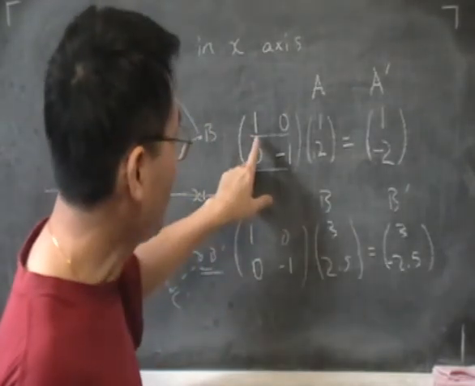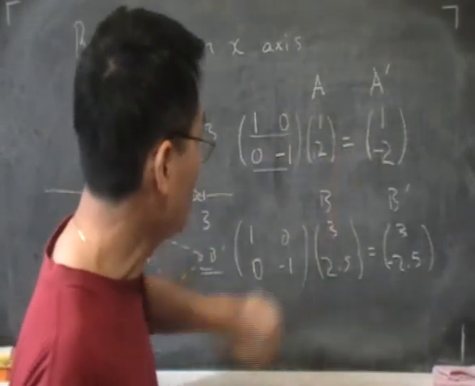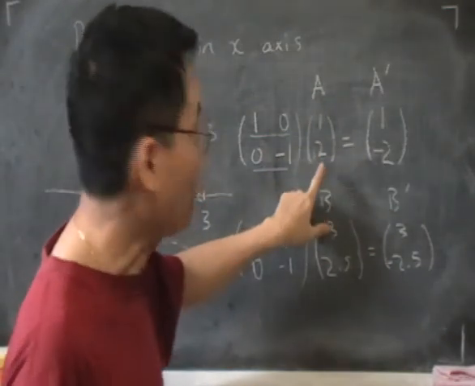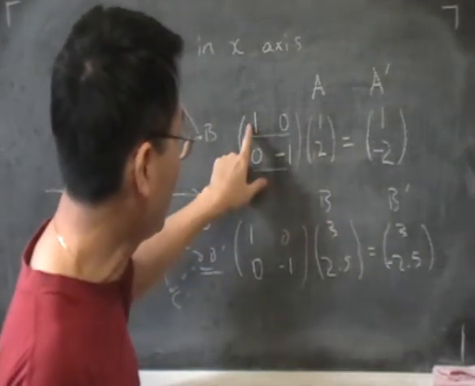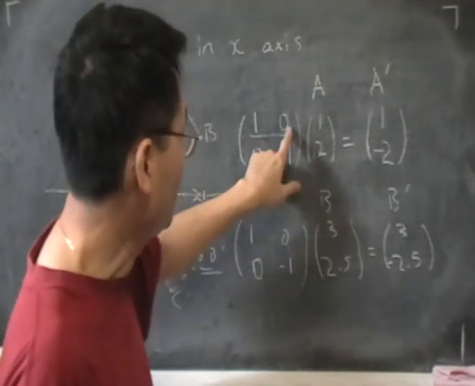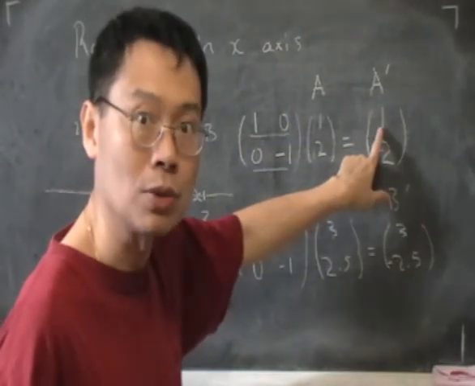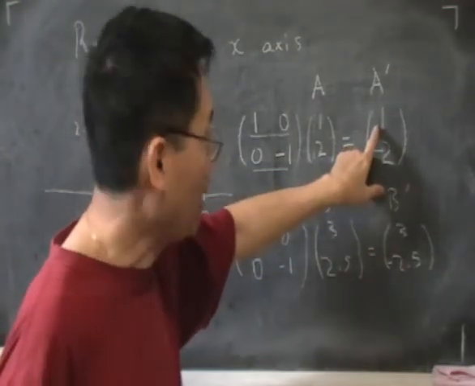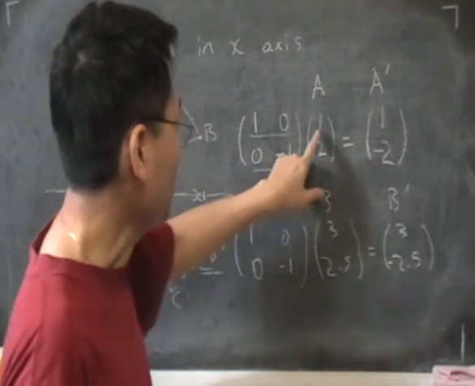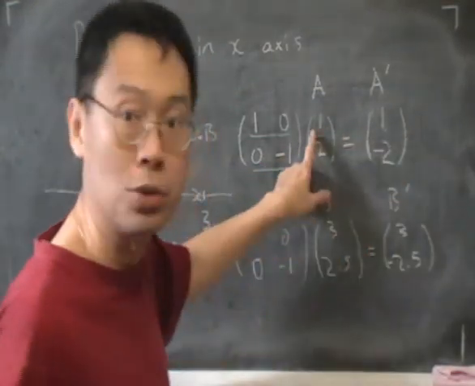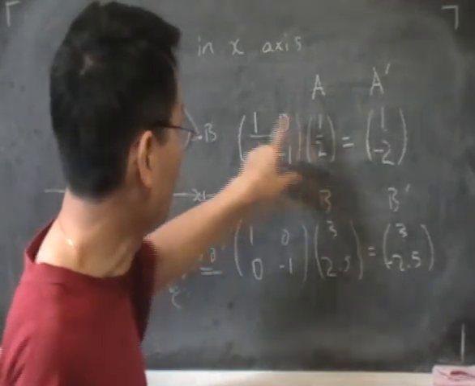Now you can see that when I do the multiplication, these are the x and y values. I multiply the x value by the 1 here. The y value is just multiplied by 0 when I try to get the first value. So when I get the new value of x, it always ends up giving the same value as the original x value because it's just multiplied by the 1.